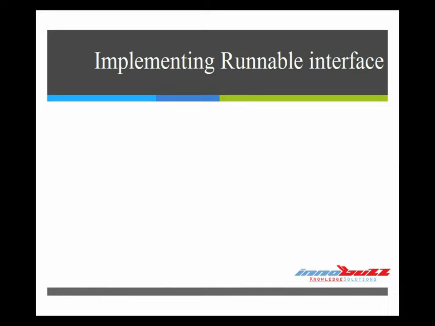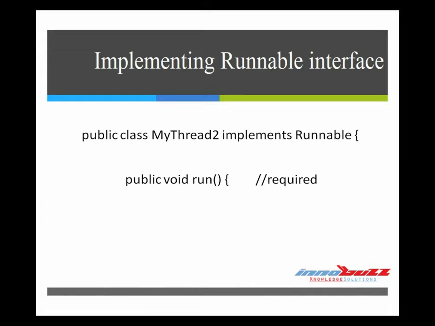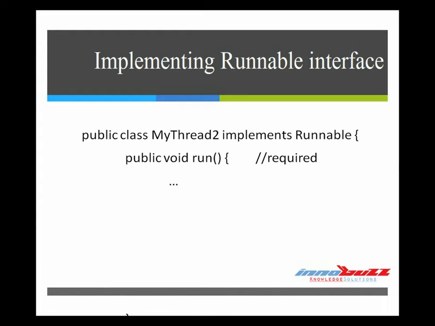And it is not much more complicated to implement the Runnable interface at first sight. Public class MyThread implements Runnable. This means that we have to implement the run method and write some program code in it, of course.